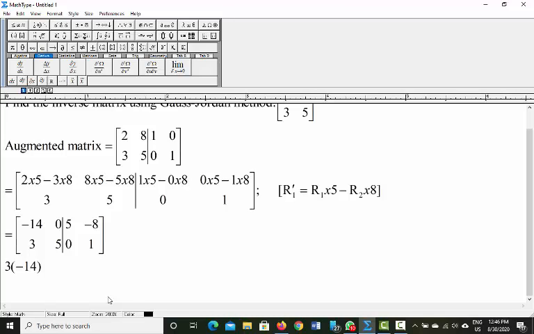Not necessarily that we need to deduct always.